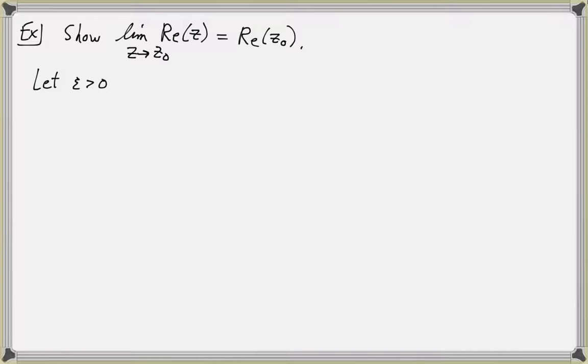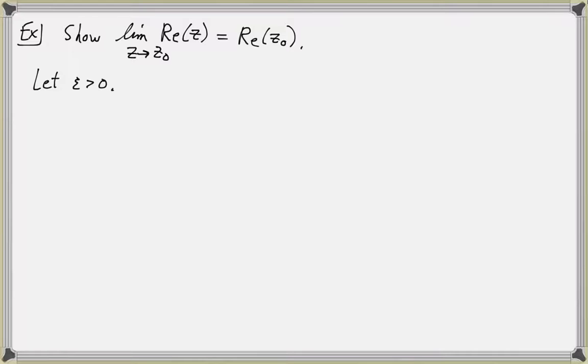In my first example, I'm going to show that the limit of the real part of z as z approaches z0 will equal the real part of z0. So I'm going to use the epsilon delta definition of limits. Therefore let epsilon be any positive number.